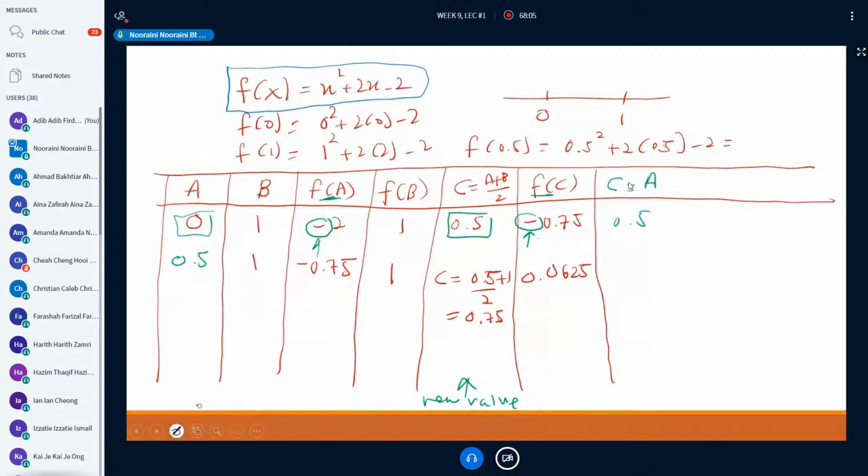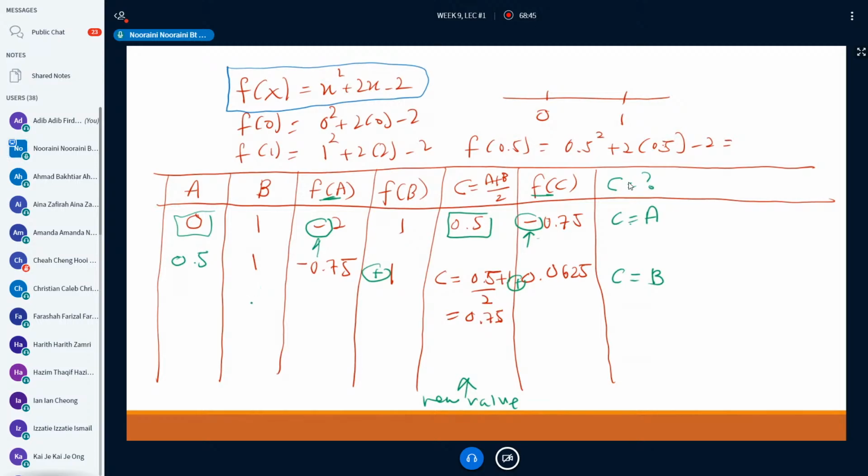We notice that the value is positive, the same as FB, which is positive. So you need to change the value now. C becomes B. Sorry, B equals C, not C equals A. Here C equals A when FA and FC have the same sign. Now FC is positive, so you follow FB, which is positive, meaning C becomes B.